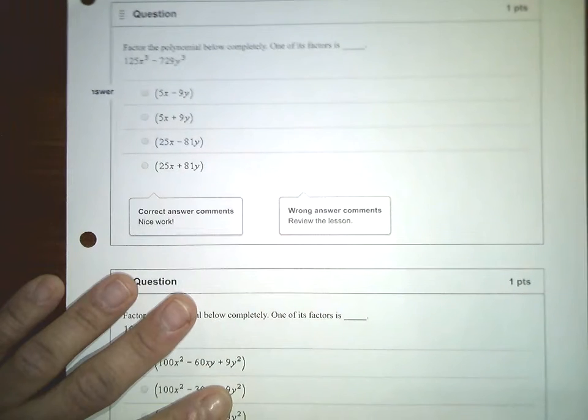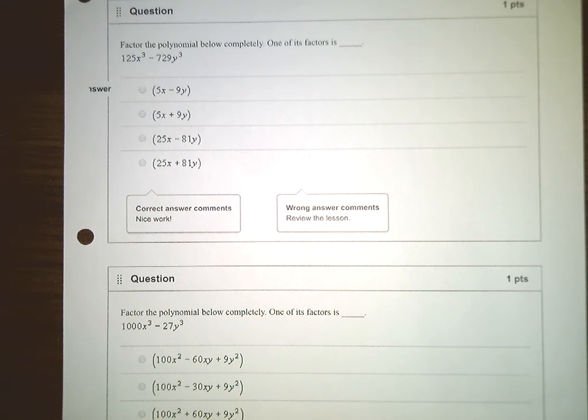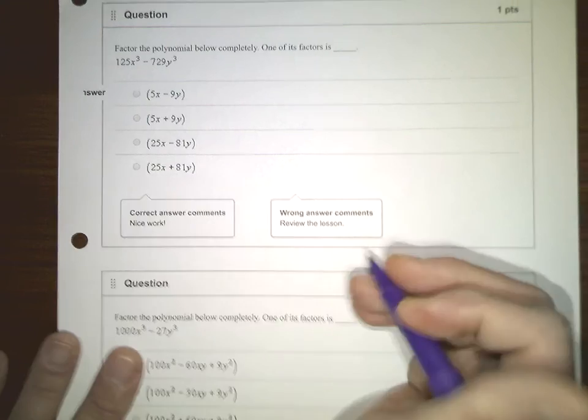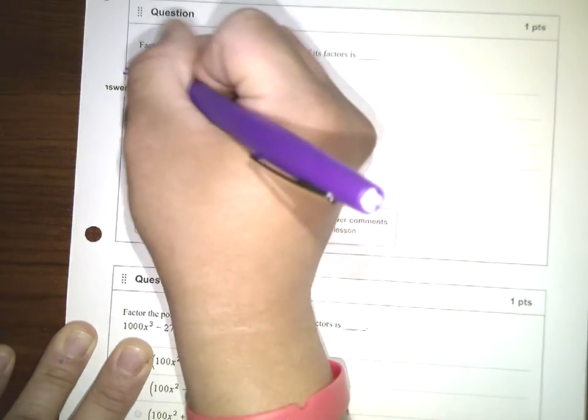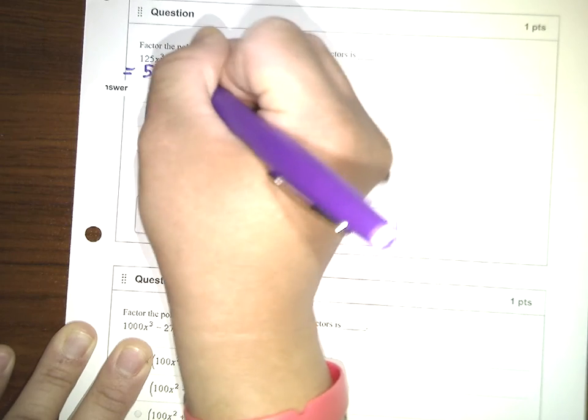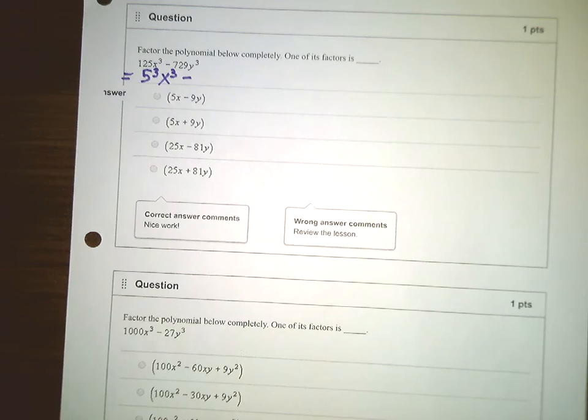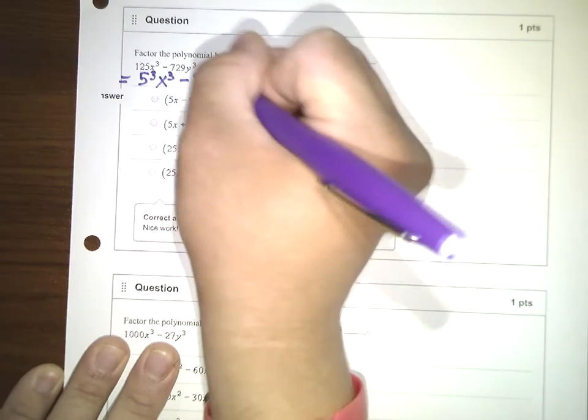They're going to get a little bit more difficult here. So we have 125x cubed minus 729y cubed. So I know that 125 is actually 5 cubed, and 729 is going to be 9 cubed.